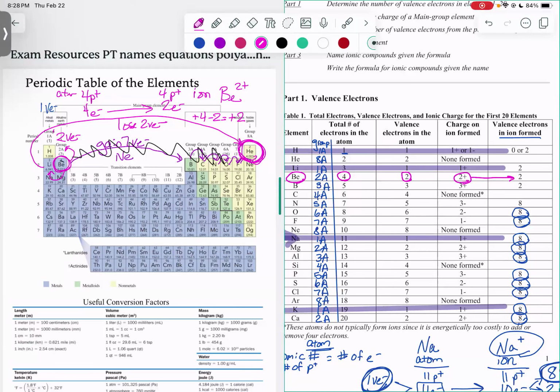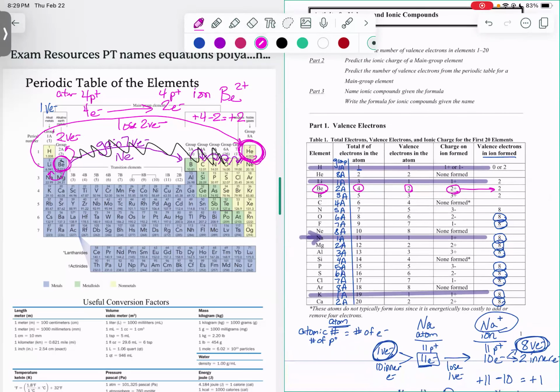So it's happy. It looks like a noble gas. Helium is a noble gas, even though it doesn't have 8 valence electrons. So that's the only time you need to think outside of the box and remember that sometimes 2 is okay.